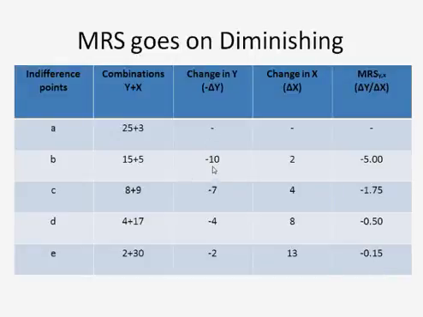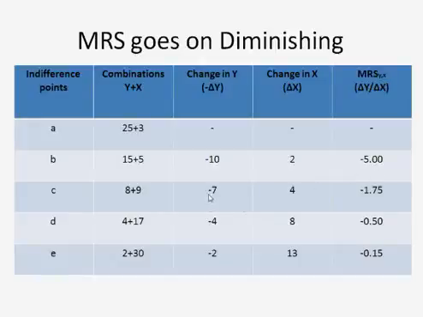When we have decreased the total units of Y by 10 units, we are increasing the total units of X by 2 units. Then again, when we are decreasing the total units of Y by 7 units, we are increasing the total units of X by 4 units. When we divide the change in Y by the change in X, that is minus 10 divided by 2, we get minus 5.